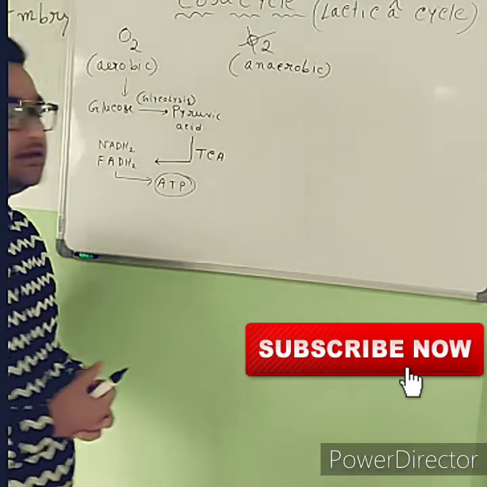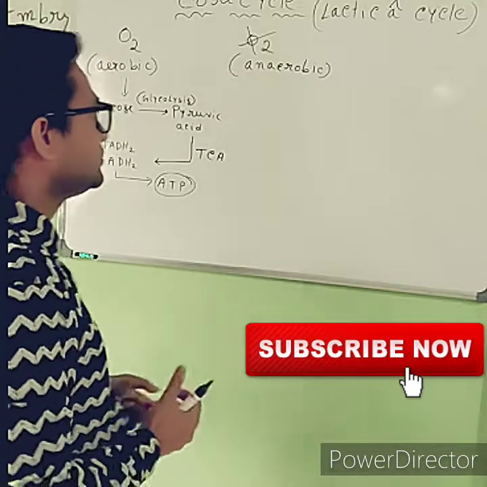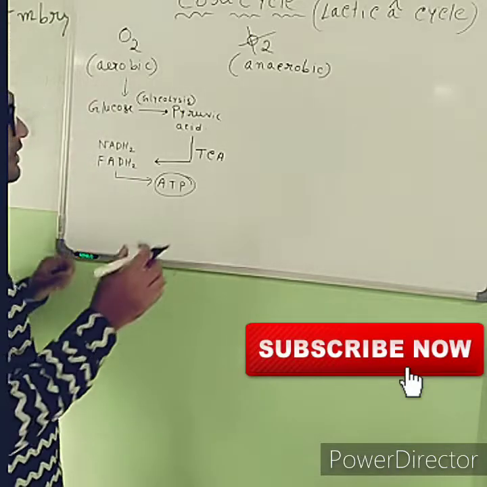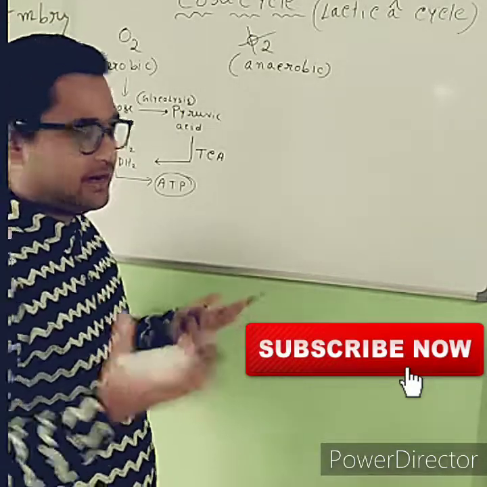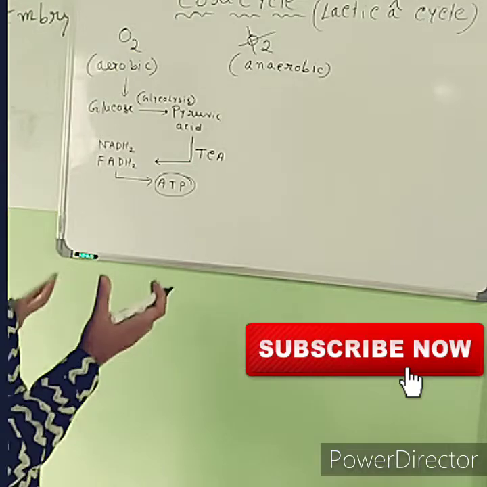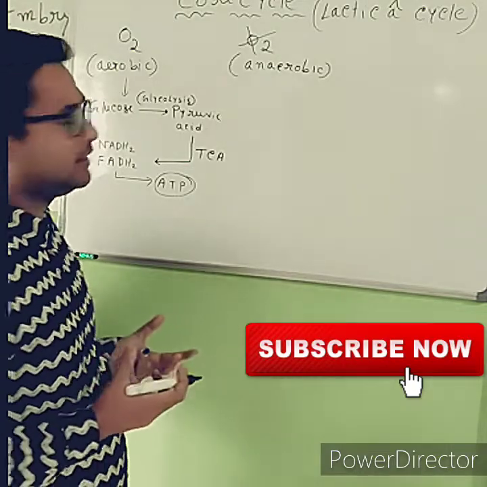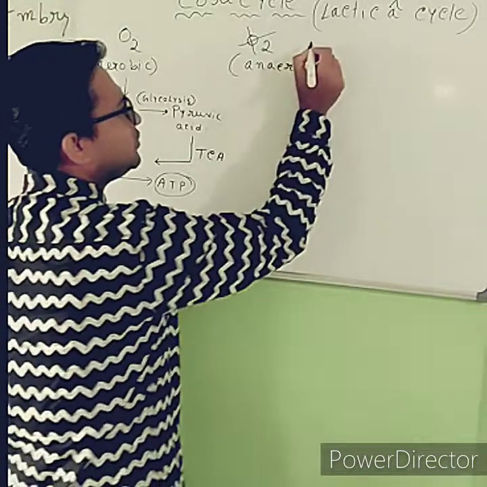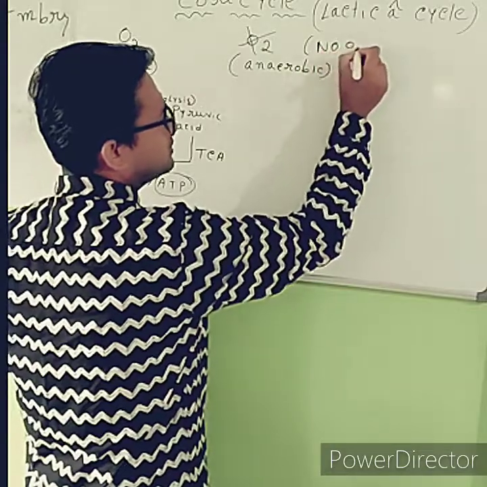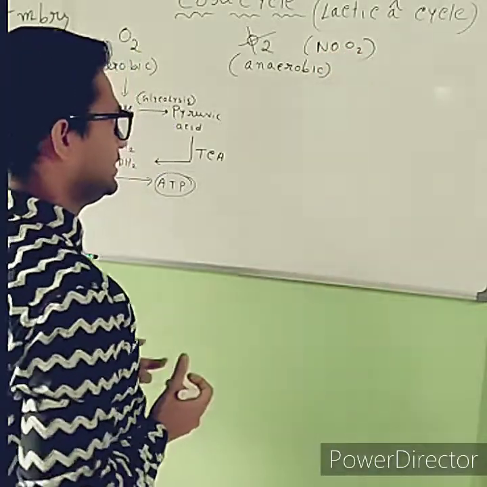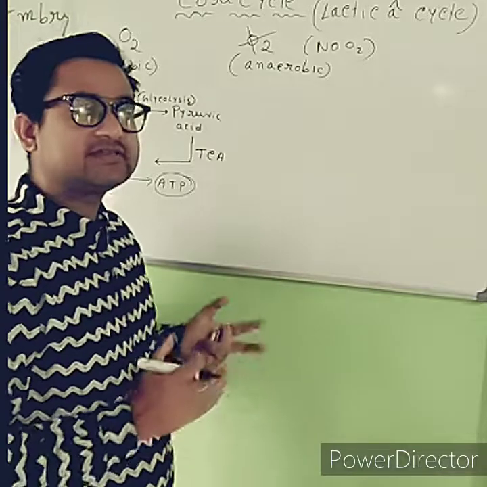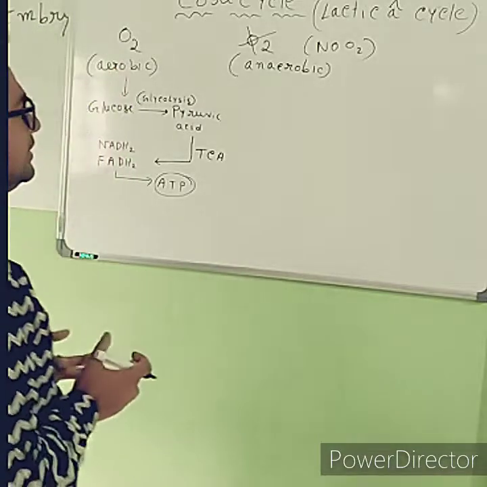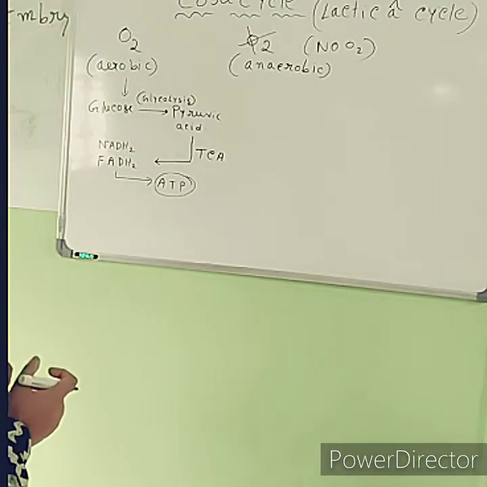But what will happen during an exercise? During an exercise, for example running, the body requires energy, but there is no supply of oxygen. So an oxygen scarcity condition appears in our cells.